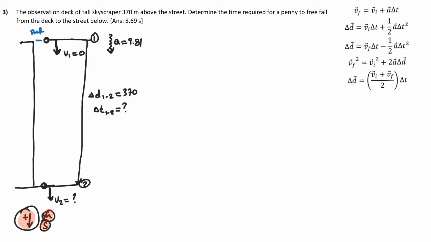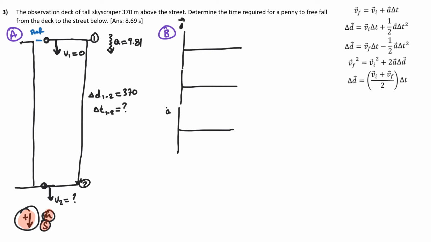And let's do our graph. So this was stage A, which is the system diagram. In stage B, we're going to include our three graphs of motion. So this is going to be position, velocity, and acceleration.